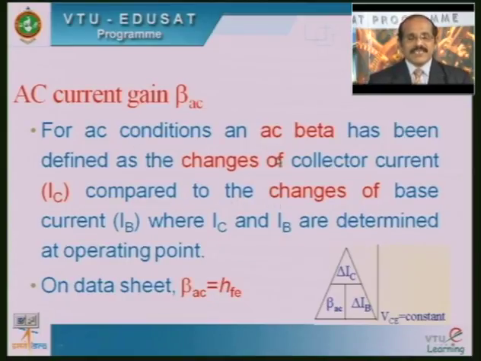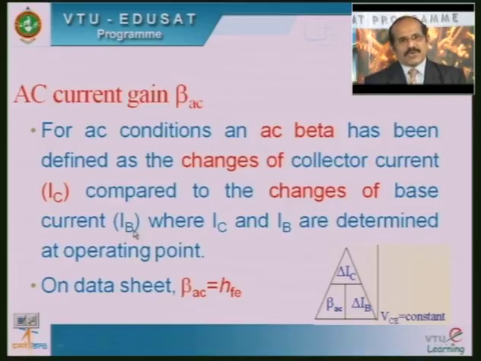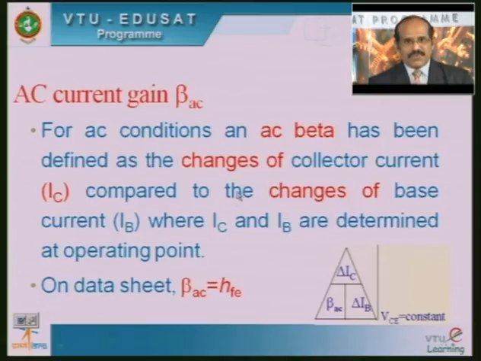Therefore, beta AC, the common emitter AC current gain, is defined as the ratio of the change in the collector current to the change in the base current, where IC and IB are determined at an operating point. Please note that on the data sheet, beta AC is mentioned as hfe, with FE in small letters, whereas beta DC is mentioned as HFE, with FE in capital letters.